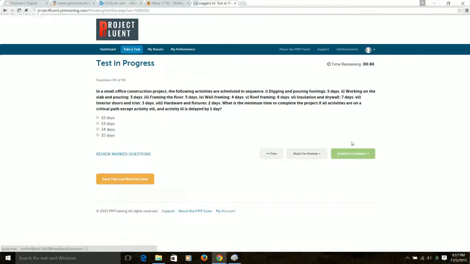What is the minimum time to complete the project if all activities are on a critical path except activity 8, which is 2 days, and activity 3 is delayed by 1 day?